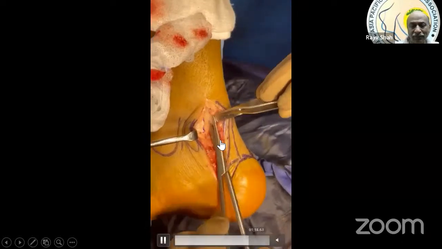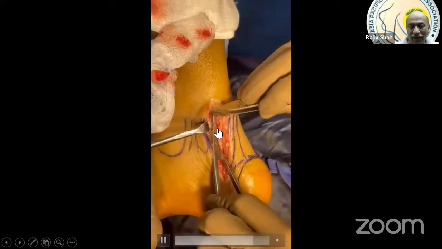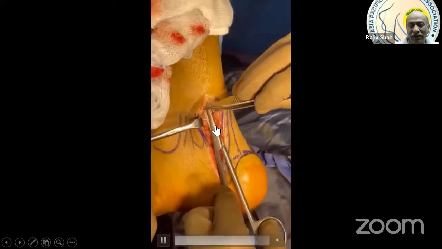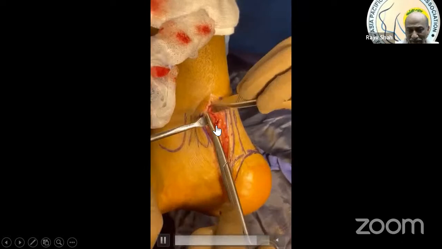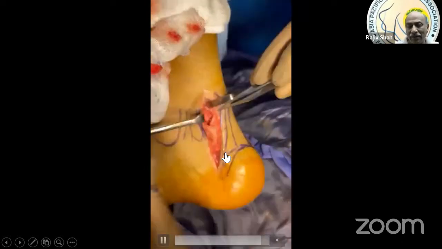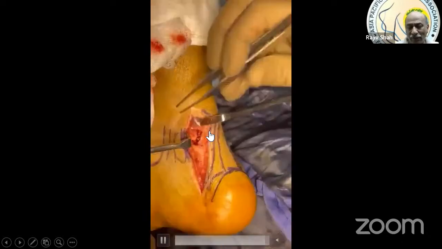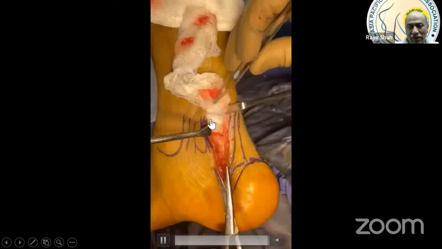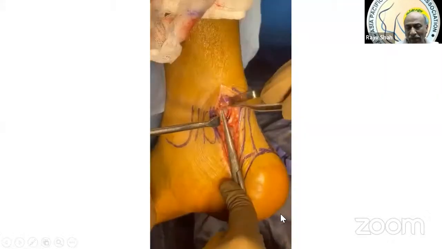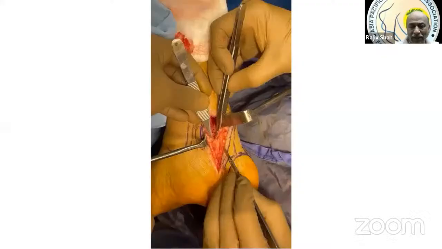So this is a dissection which goes from below up, and once you find out that yes, you have gone to the FHL muscle belly, then you trace it down to the tendon, and that would make your life easy. When you want to identify FHL, you also simultaneously move the great toe, and you will come to know, okay, this is the FHL.